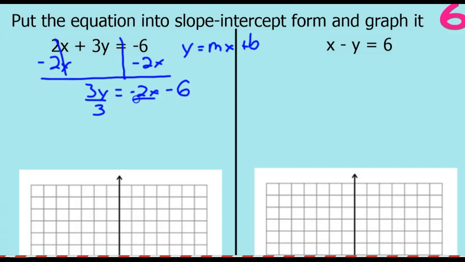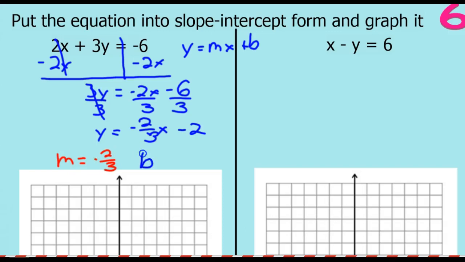Divide by 3. Negative 2/3 x, because 2 can't be divided by 3. Negative 6 divided by 3 gives us a negative 2. So our m in this equation is negative 2/3, and our b is negative 2.